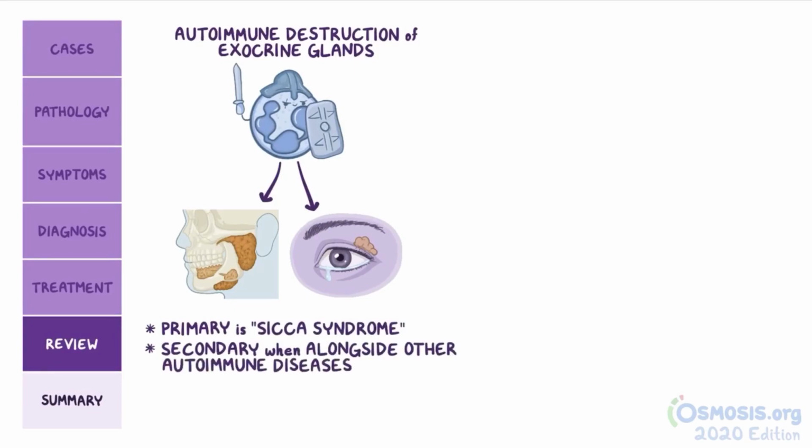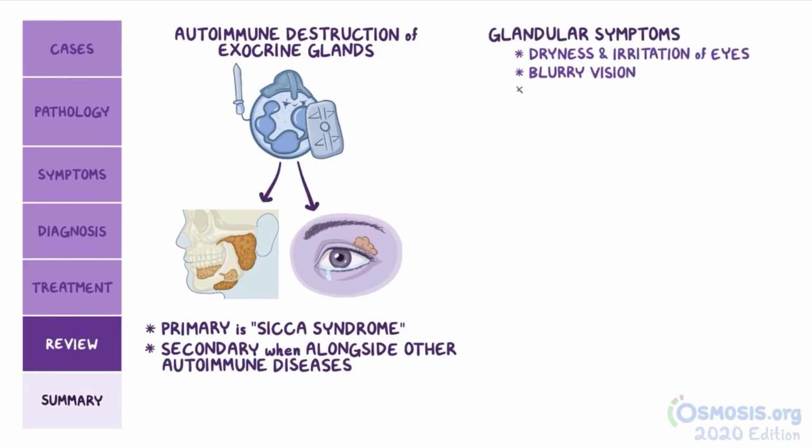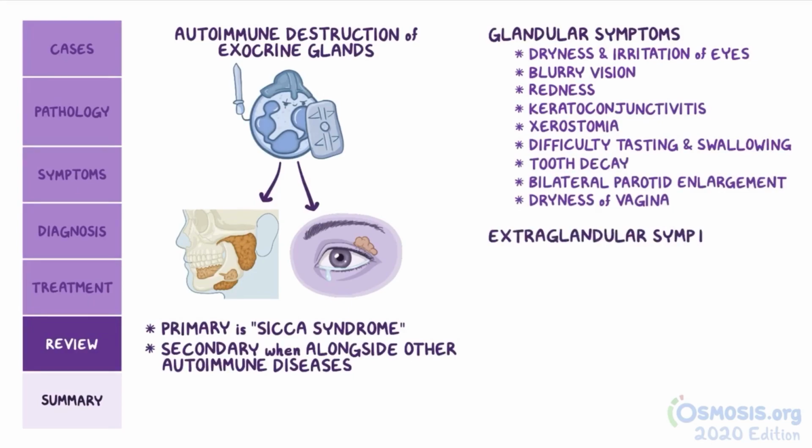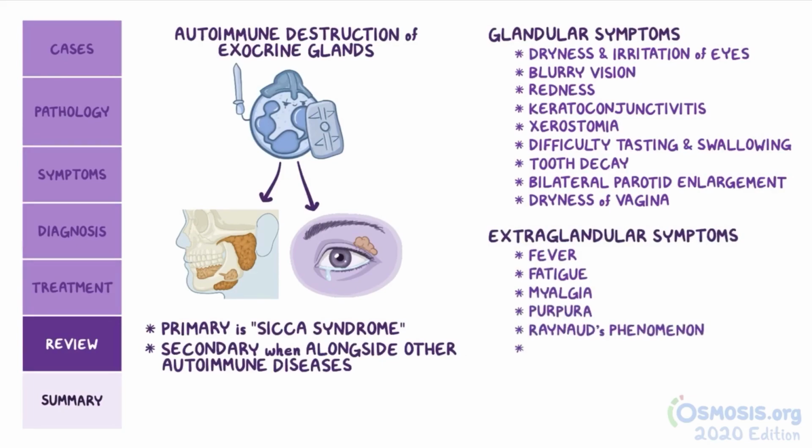The most common glandular symptoms include dryness and irritation of the eyes, blurry vision, redness, keratoconjunctivitis, xerostomia, difficulty in tasting and swallowing, tooth decay, bilateral parotid enlargement, and dryness of the vagina. Extraglandular manifestations can include fever, fatigue, myalgia, purpura, Raynaud's phenomenon, interstitial lung disease, joint pain, interstitial nephritis, and MALT lymphoma.